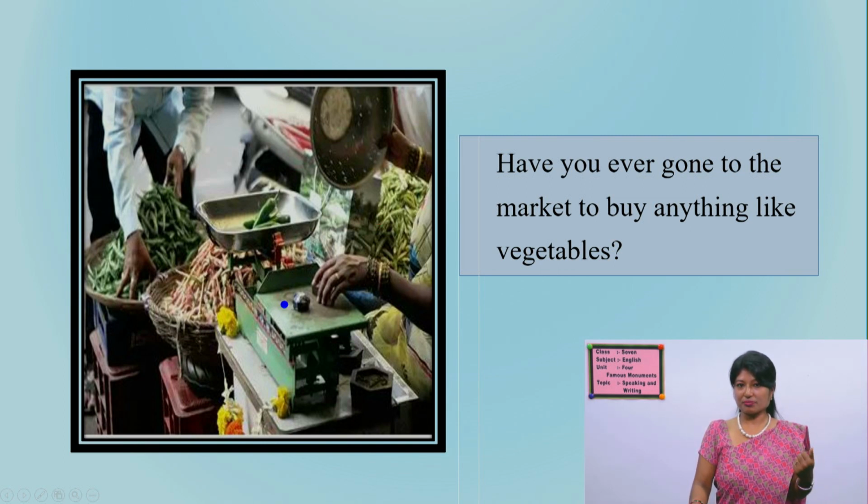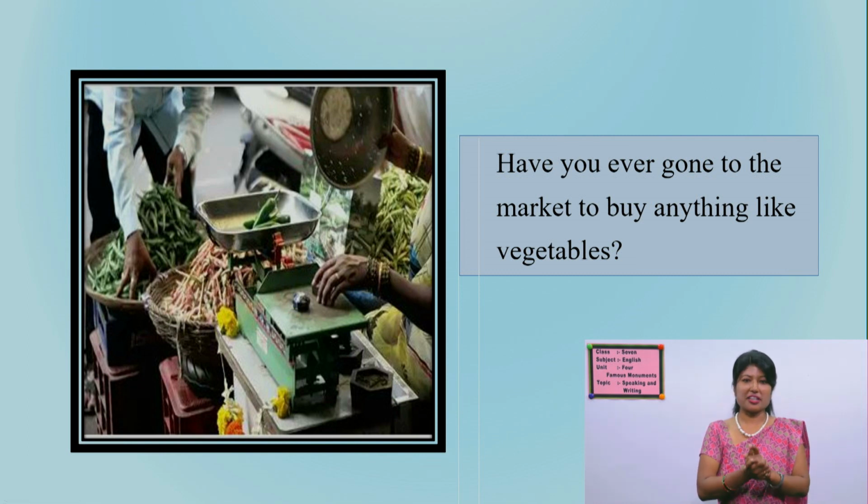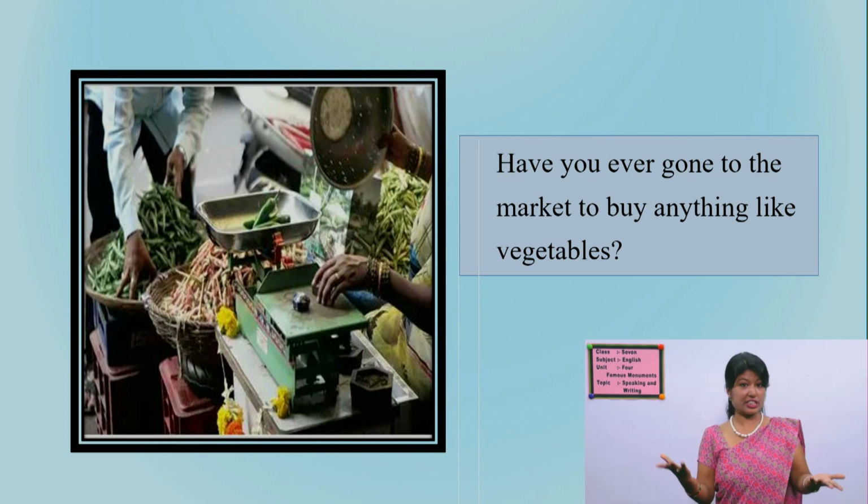Isn't that so? You have seen such a weighing machine scale. Yes, this scale is a little bit traditional, because these days in the market we find varieties of weighing machines, measuring scales to weigh vegetables, to check the weight of vegetables.